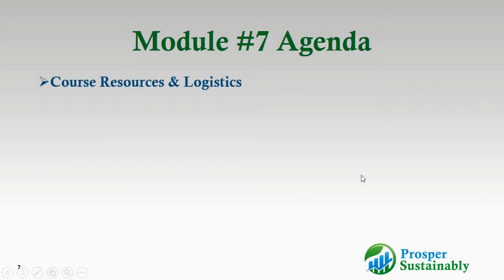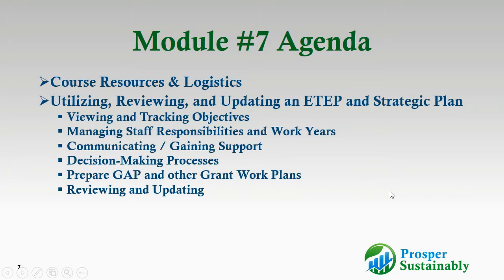We're going to start today by re-reviewing the course resources and logistics. As I mentioned, this is going to be focused on implementing a completed ETEP and strategic plan, focusing most on the ETEP strategic work plan, which I have been saying is a strategic management system.